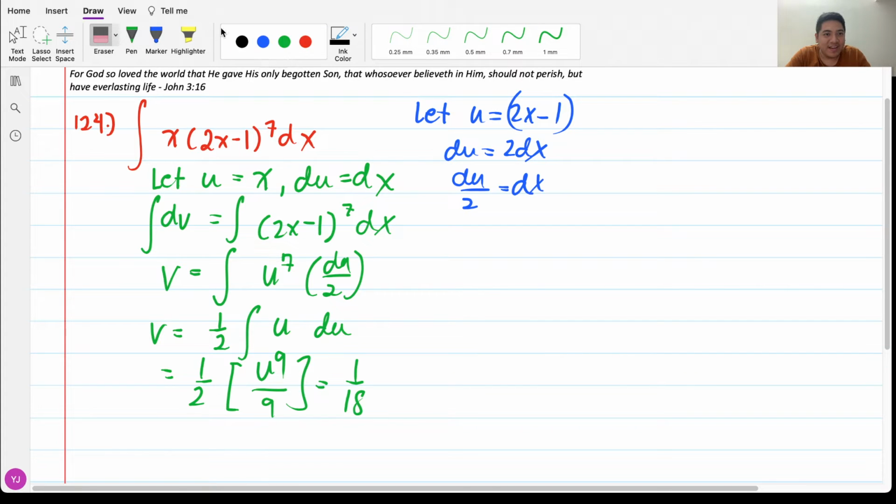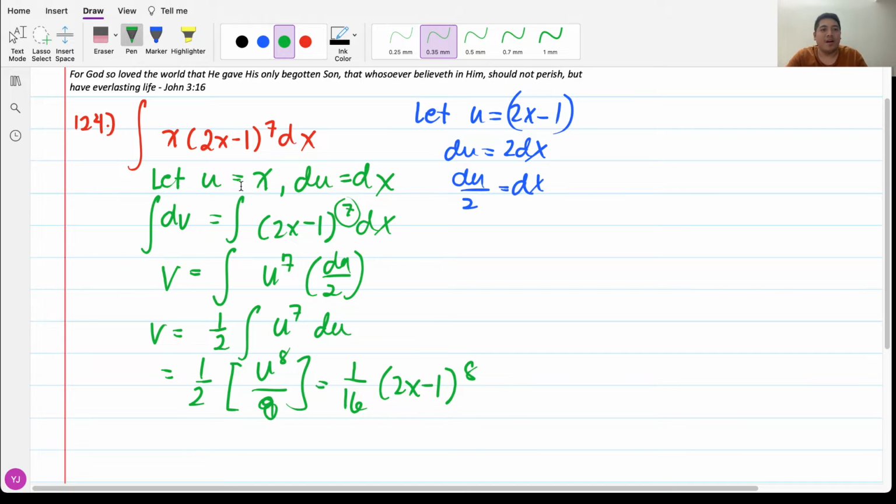I have 7 here, so it should be u raised to 7, and integrating this would be u raised to 8, all over 8. So 1 half times 1/8 would be 1 all over 16. Sorry for that. So 1 all over 16, (2x minus 1) raised to 8.